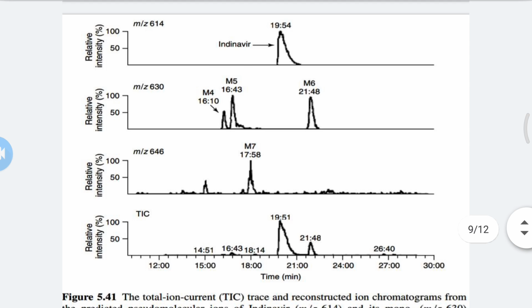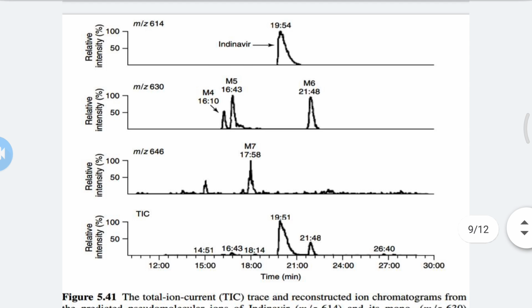and in the third it also increases to 646. Why? Because the molecular weight increases from its mono- and dihydroxyl metabolites.